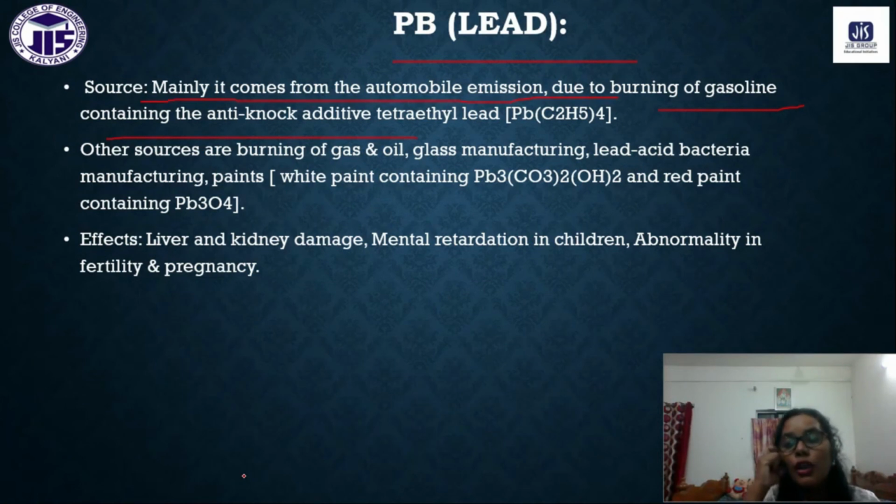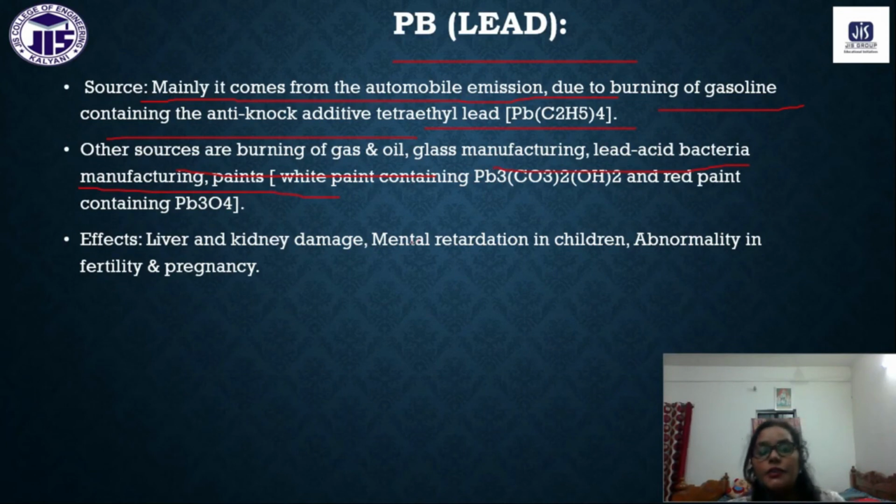So from the emission of automobile engines burning gasoline, the tetraethyl lead is emitted into our environment. Other sources are burning of gas or oil, glass manufacturing, lead acid battery manufacturing, and paints. From the paint industry also we are getting lead into our environment.